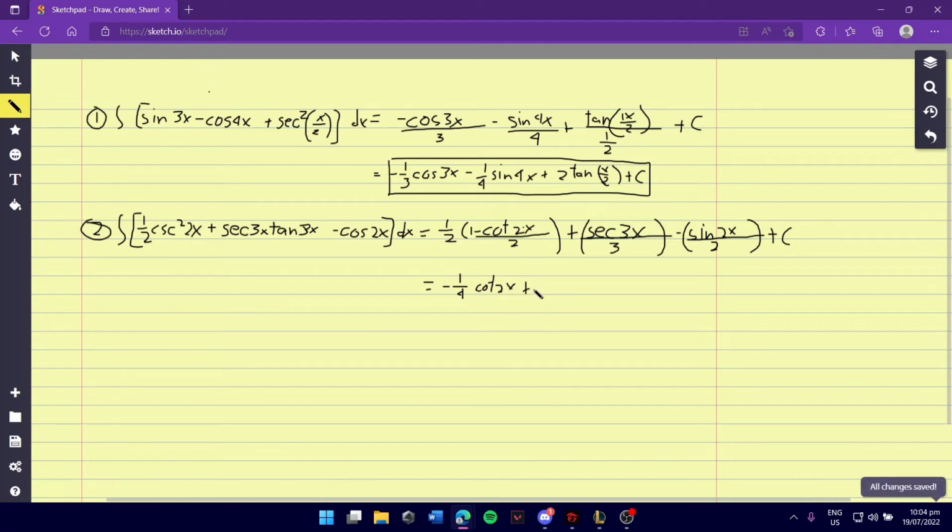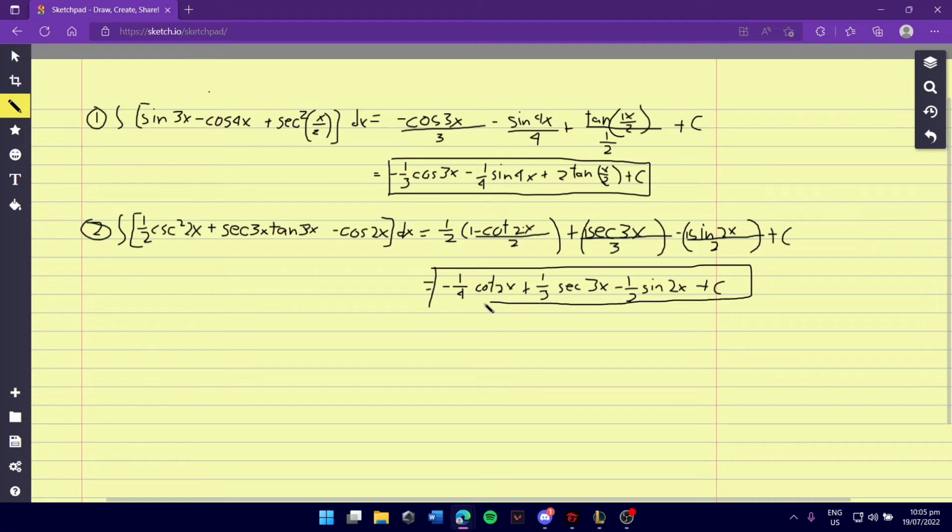Next, it will become 1/3 secant 3x. Next, negative 1 half times 1 half sine 2x plus c. Correct me if I'm wrong. So this is your final answer. So next example.